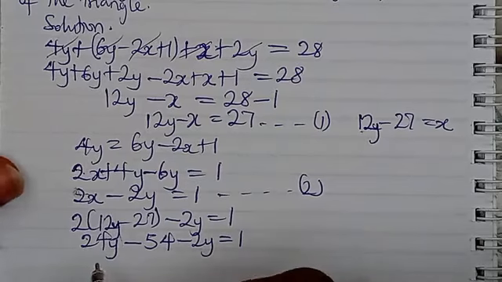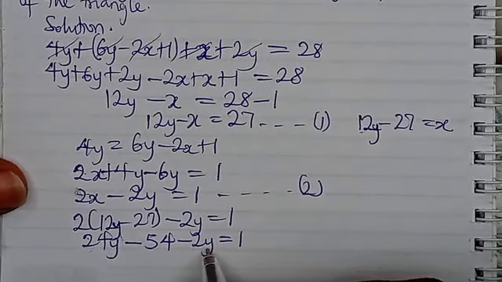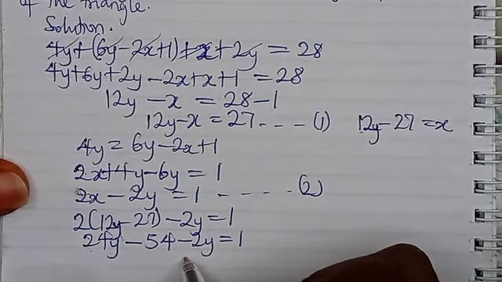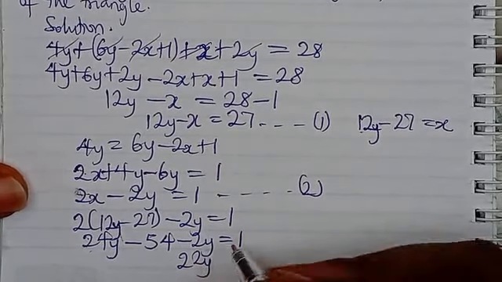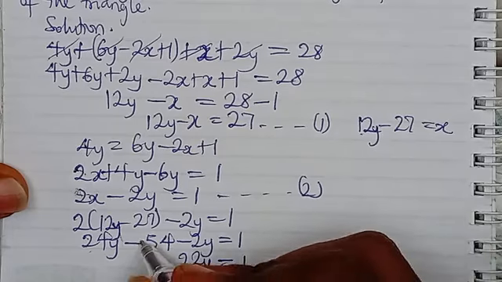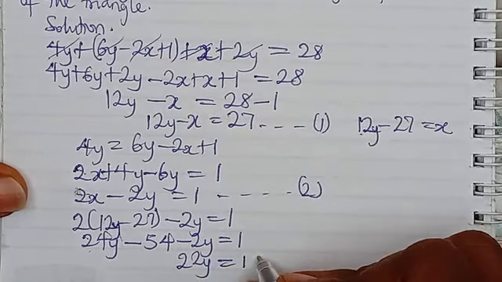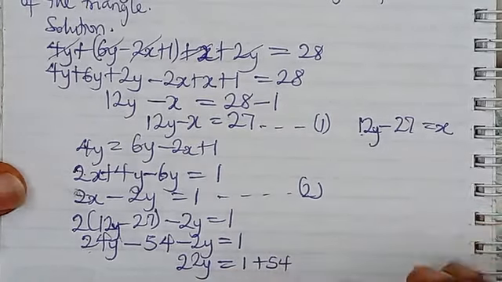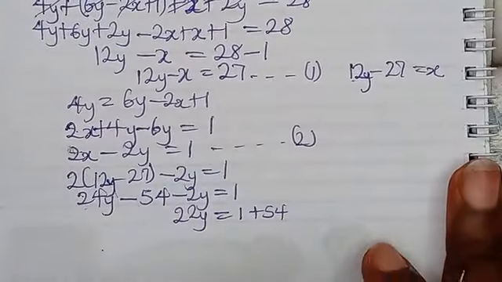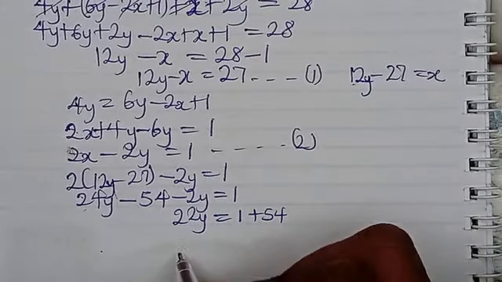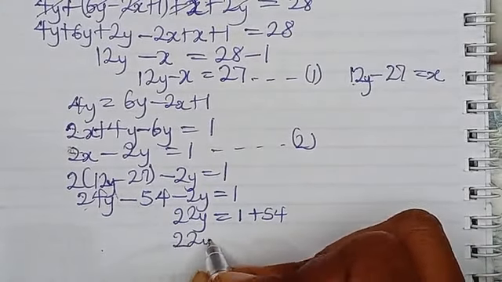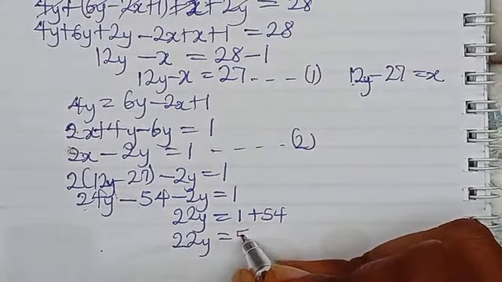Now we have that 24y minus 2y is equal to 22y is equal to 1. Minus 54 crosses over to be plus 54. So we have that 22y is equal to 55.